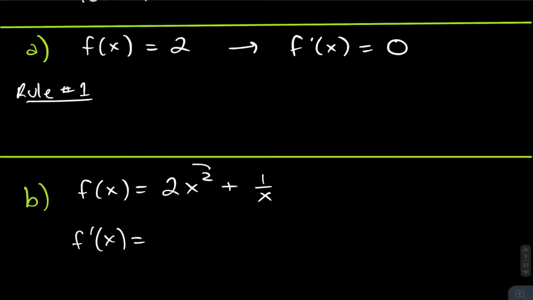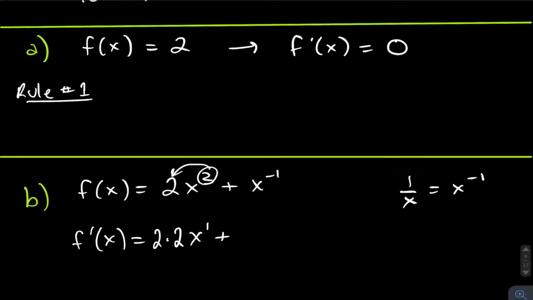We bring that 2 down, and we have 2 times 2, and that's going to be x to the, we subtract 1 from this exponent. You subtract 1 from 2, it's 1. Now here's the thing. We can rewrite 1 over x as x to the negative 1. It's the same thing. So we can rewrite it like that.